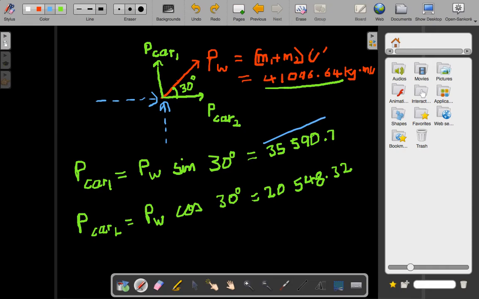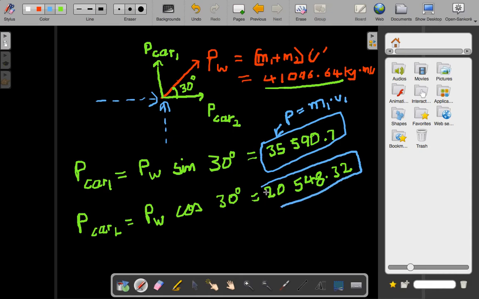Now, given this information, we know that this number is equal to the mass of the first car times the velocity of the first car. And you might now see why I let the vectors be momentum vectors instead of velocity vectors.